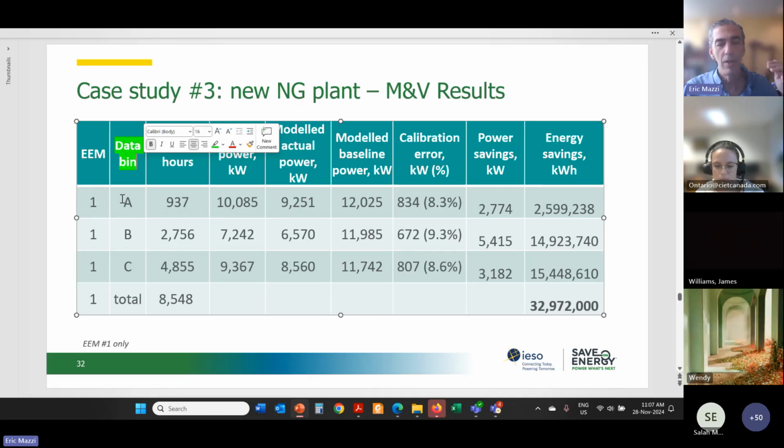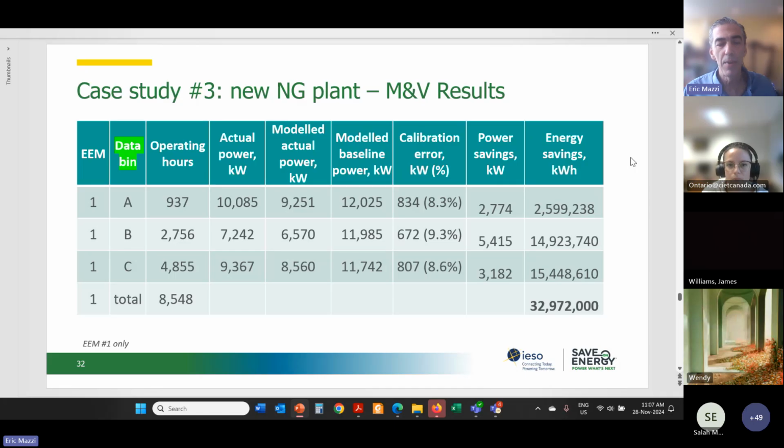Am I going to run a simulation model for 8760 hours? Probably not, because that's very expensive. In this case, it was decided there are 3 bins of data where the process variation is very close.